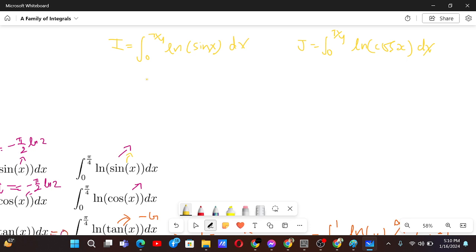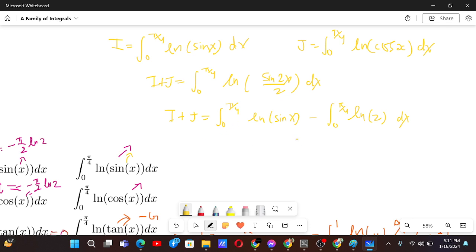If you do that, now I plus J is the integral from 0 to pi by 4 of ln sin x plus ln cos x, which is ln sin x cos x, which is ln of sin 2x by 2, dx. Now we can first use the property of logarithm to separate these, to make ln sin 2x minus ln 2, the integral from 0 to pi by 4 of ln 2 dx.